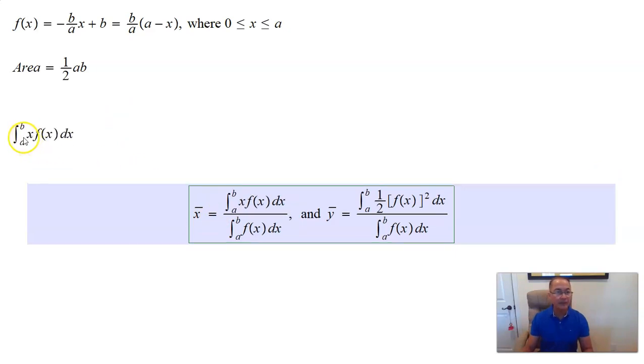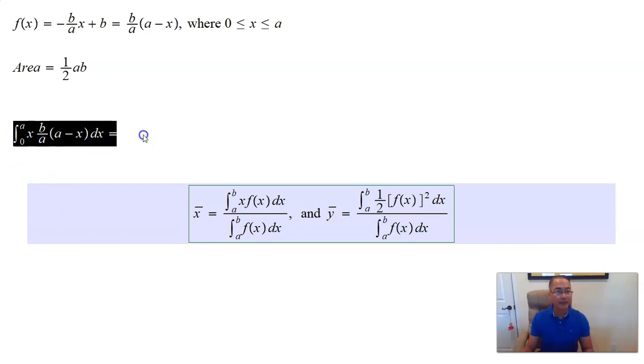So we have the integral from 0 to a of x f of x. So our f of x is this. We can copy that, and we have this. So yeah, that's not very difficult to integrate. You don't need a trig sub or anything, but you should have the correct limits from 0 to a.